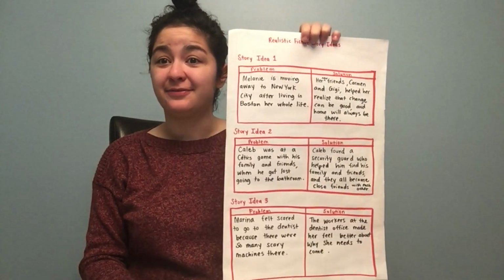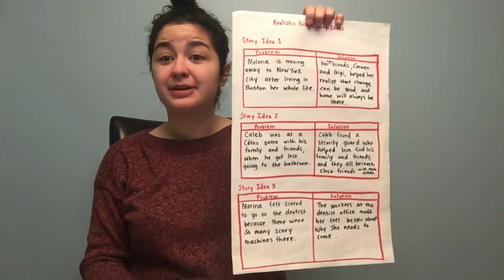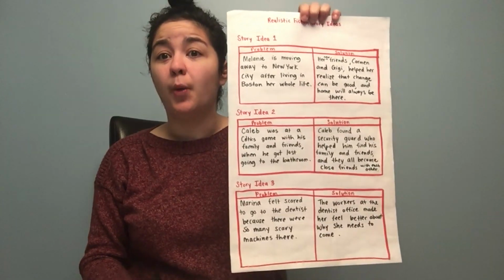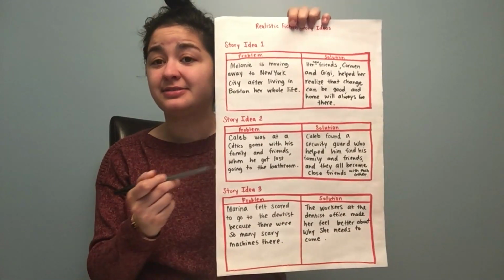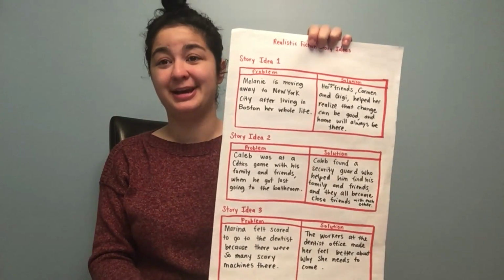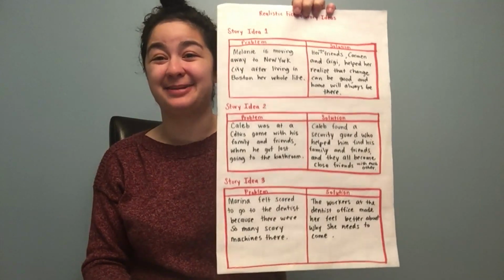All right, we're officially getting started. So the first thing you have to do is take out this sheet from yesterday. And the reason for that is because you are only going to pick one of these story ideas to write your story this week. Again, you're only picking one.